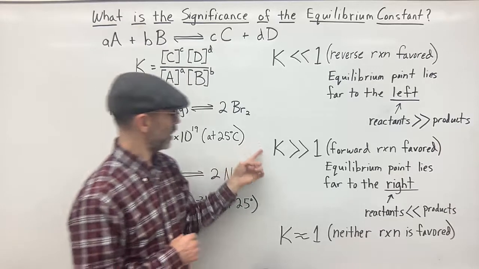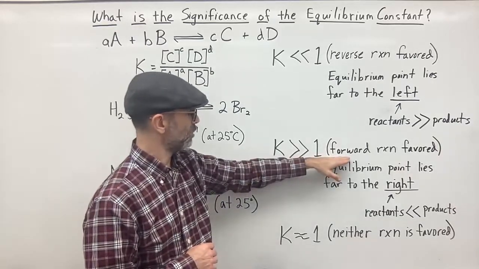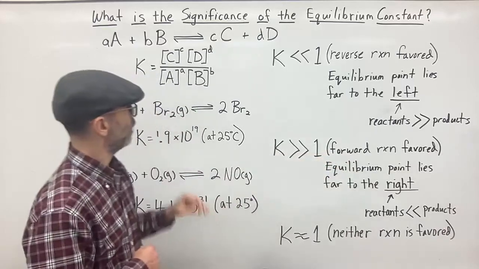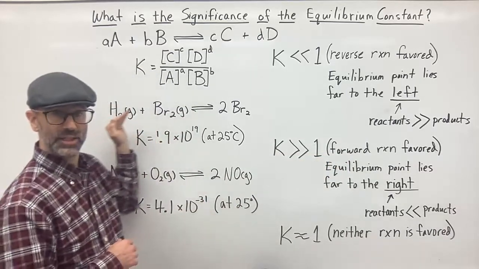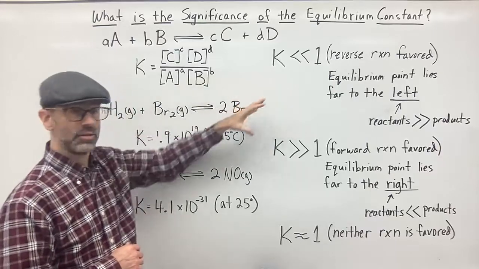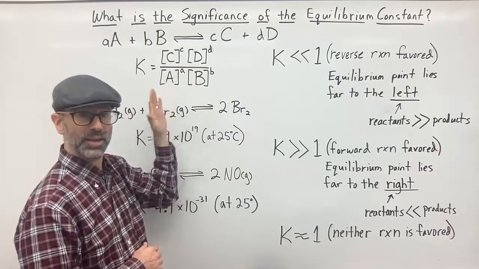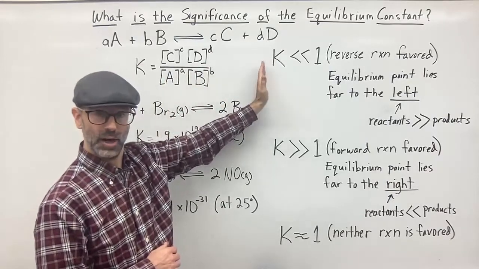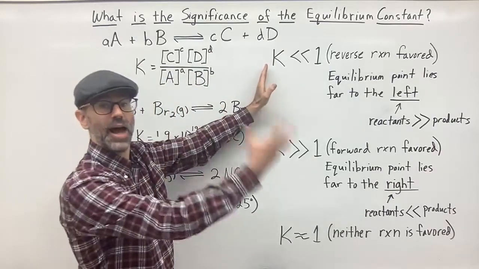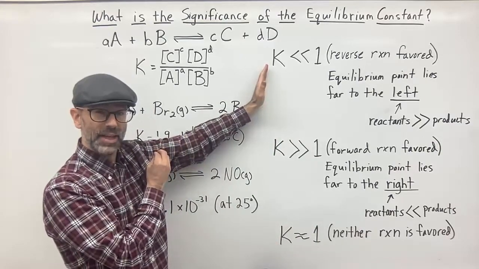If you look here, that means that the forward reaction is favored, meaning that it's going to produce more products. Remember, the point of equilibrium can lie far on the product side, meaning that a lot of products are formed, and so you have very little reactant left.